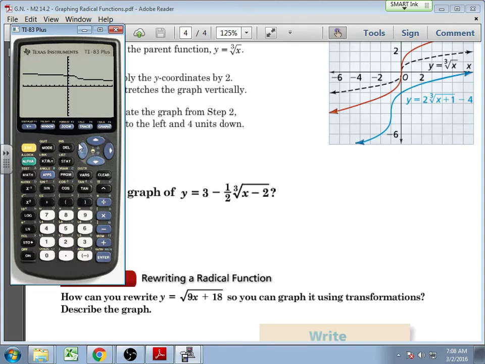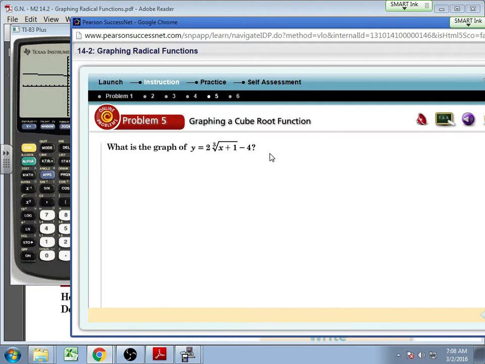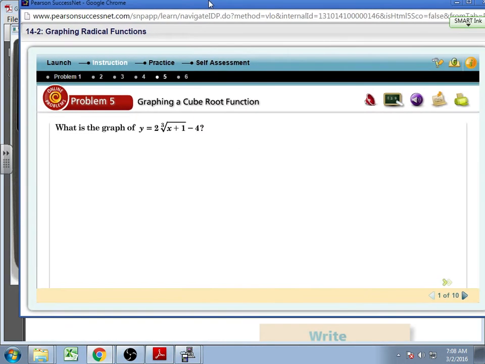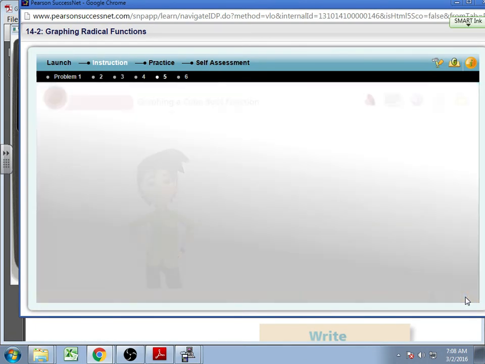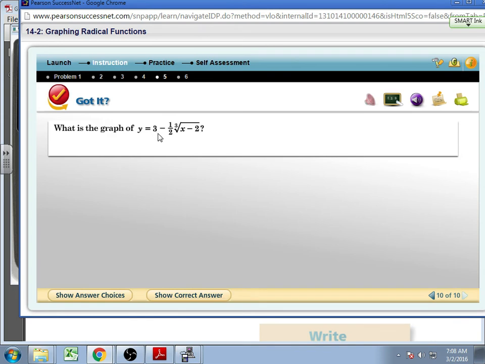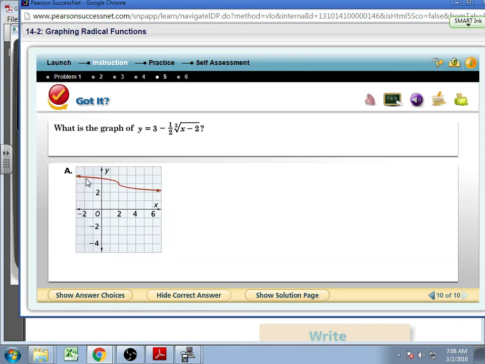Now what did this do? Did this actually happen correctly? So if I go and look at Pearson's result, there, 3 minus 1/2. It shifted up because the 3 is actually a vertical change. It shifted right because the -2 actually takes me to the right 2.